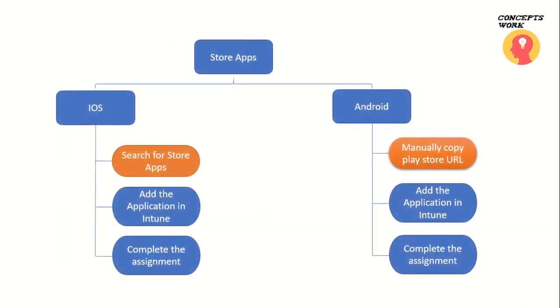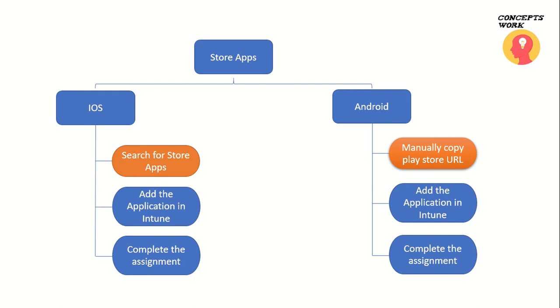Now let's proceed by knowing how you will add store apps in the Intune console. So you can add iOS, Android, and Windows, all three platforms, but I will be showing you iOS. The reason I'm showing you iOS is because I can demonstrate an application deployment with an iOS test device, but I'll tell you the theoretical part, which is related to both iOS and Android. When you add an iOS store app, you can just search for that application in the Intune console, select it, and it will be added.